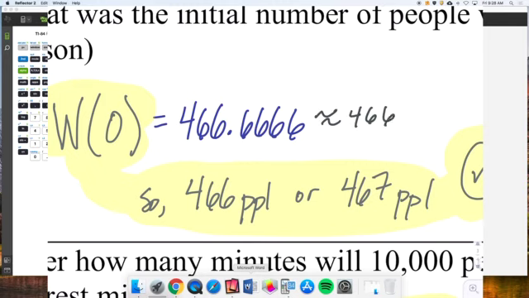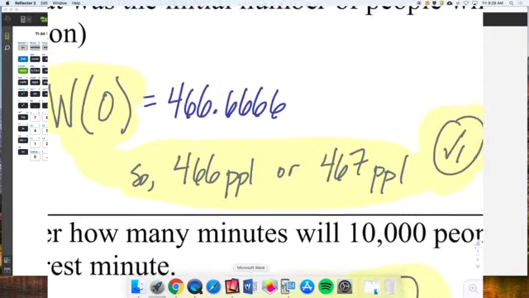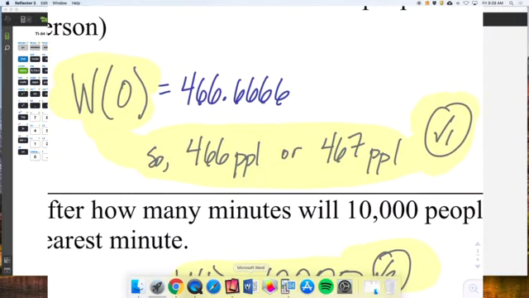But you cannot say equals that and then underneath say equals 467. Why not? Because they're not equal. That is a subtle thing that maybe you think is innocent, but it's not right. So don't do that. Okay? Anyway, that was worth one check. The units total were one check. So if you had W of 0 equals 466 or 467, it had to be in the presence of W of 0. You got the first check.